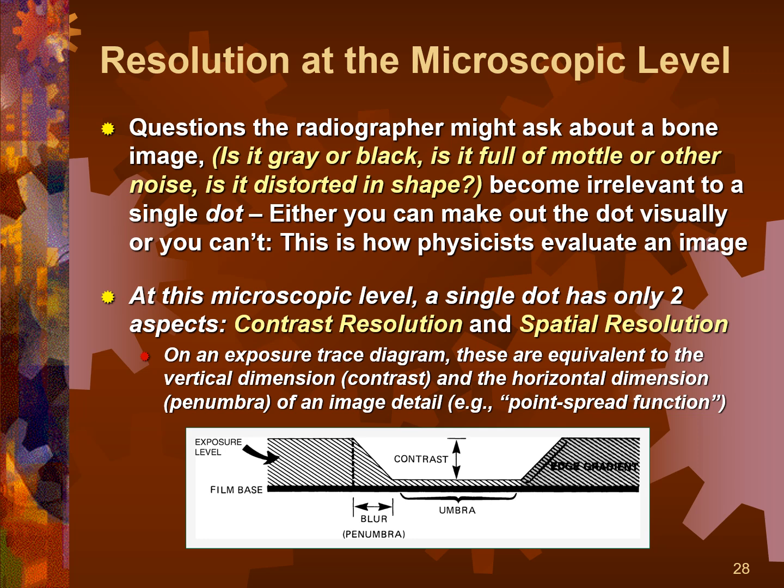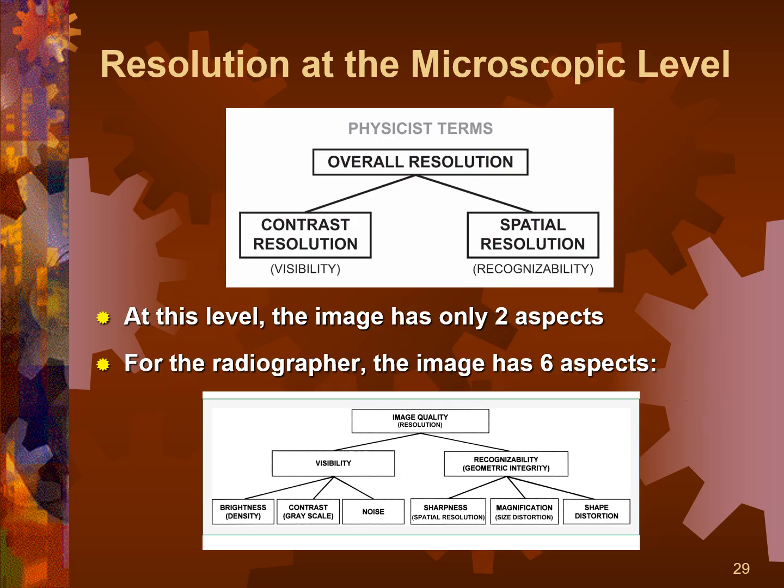So in cross section, it's going to look like the exposure trace diagram for a square, okay? What happens when you bring this exposure trace diagram really, really close to the next one?